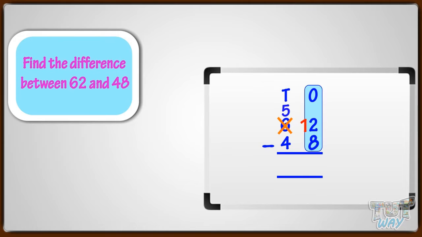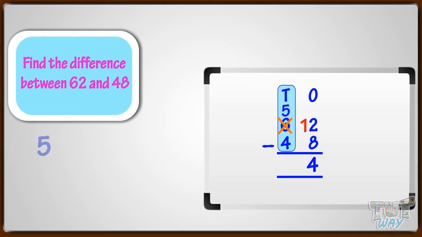Now subtract 8 from 12. 12 minus 8, we get 4. Write the difference below ones place digits. Now, find the difference between the digits at tens place. 6 is 5 now.